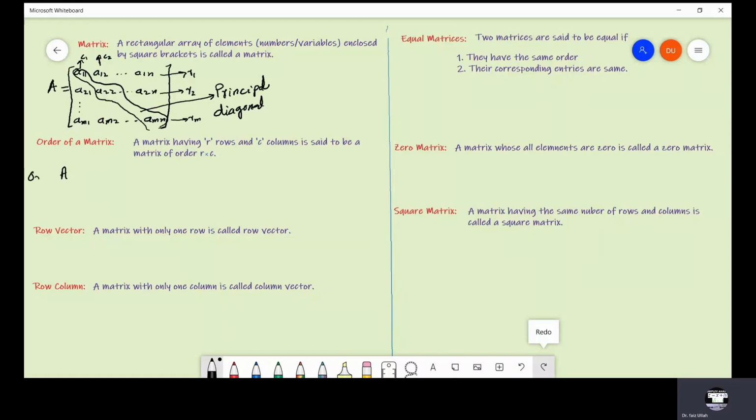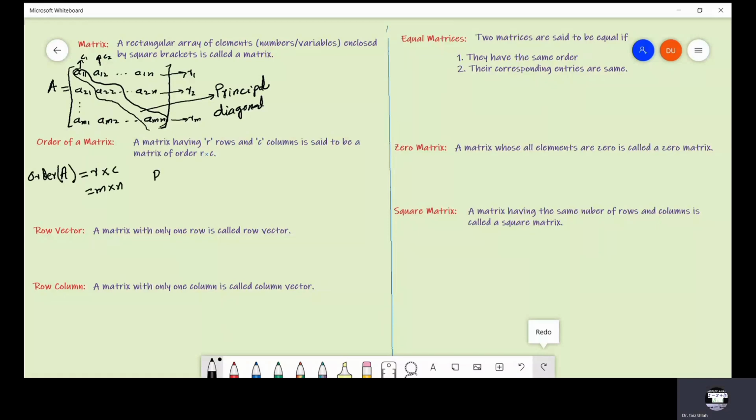So what will be the order of this matrix A? Its order is rows into columns. We can see there are m rows and there are n columns. So the order of this matrix is m cross n.